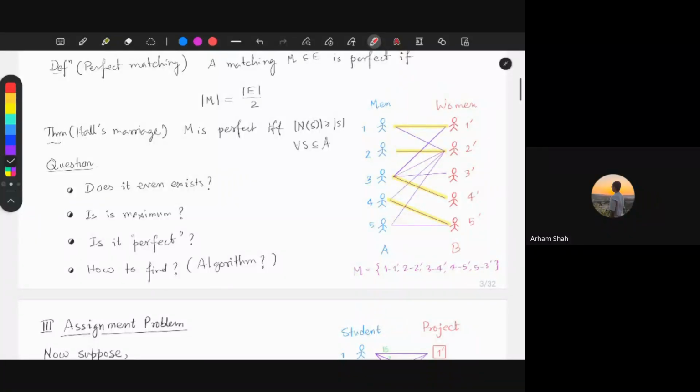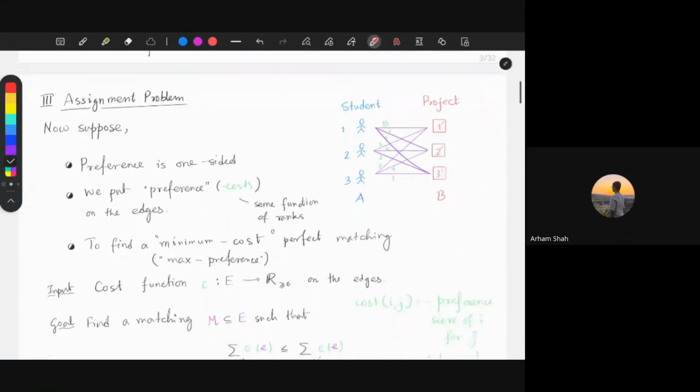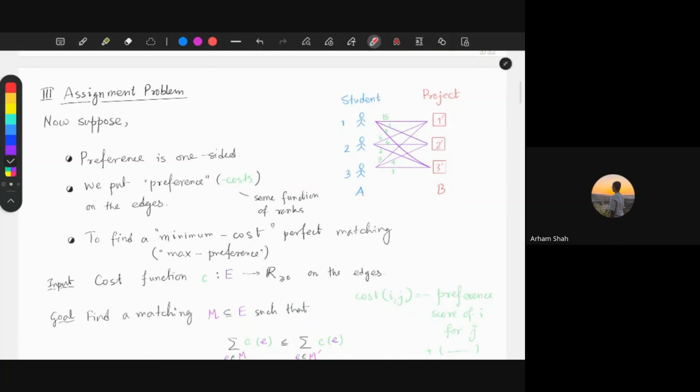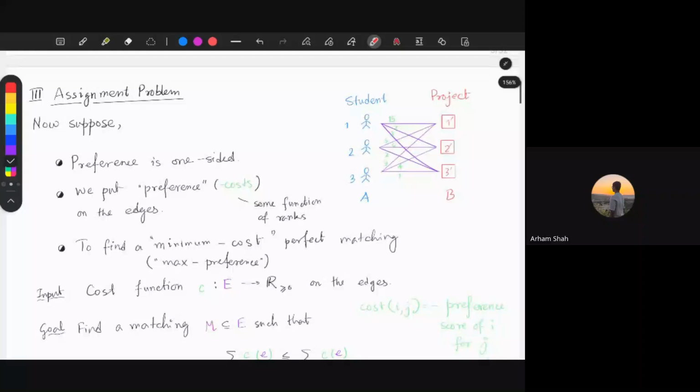We have discussed two problems: the matrix sounding and this matching. Next is the assignment problem. This is somewhat similar to matching, but it's a weighted matching actually. It's a bit different. Say you have some students, some projects, and every student has some preferences. Let's say student one prefers physics more than biology, and then math.